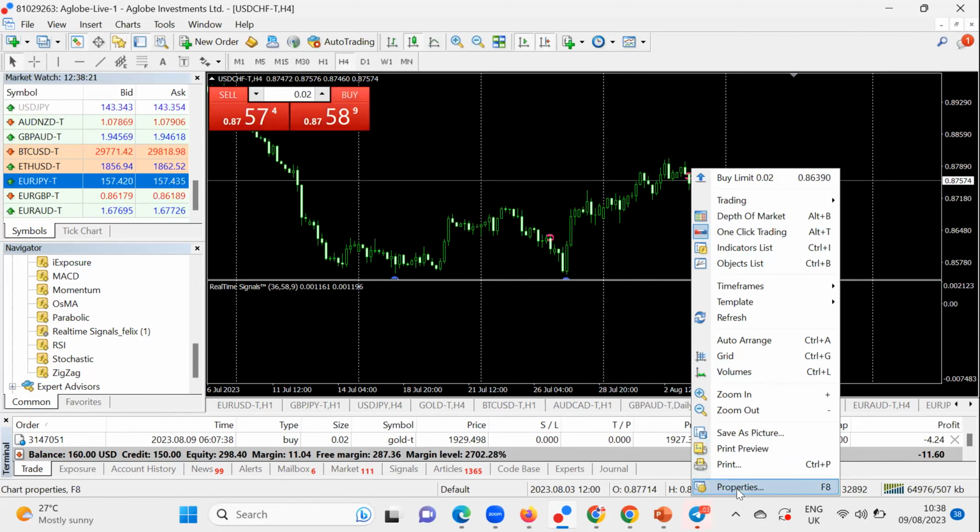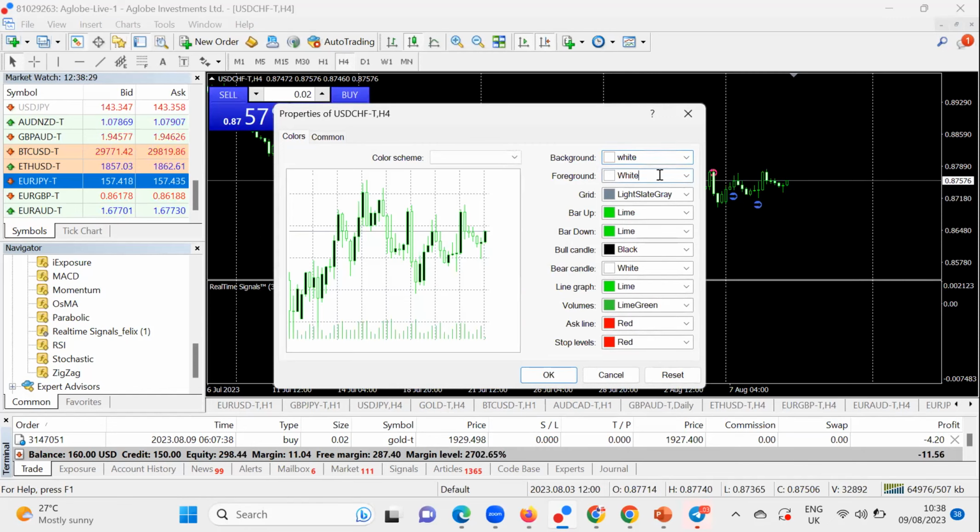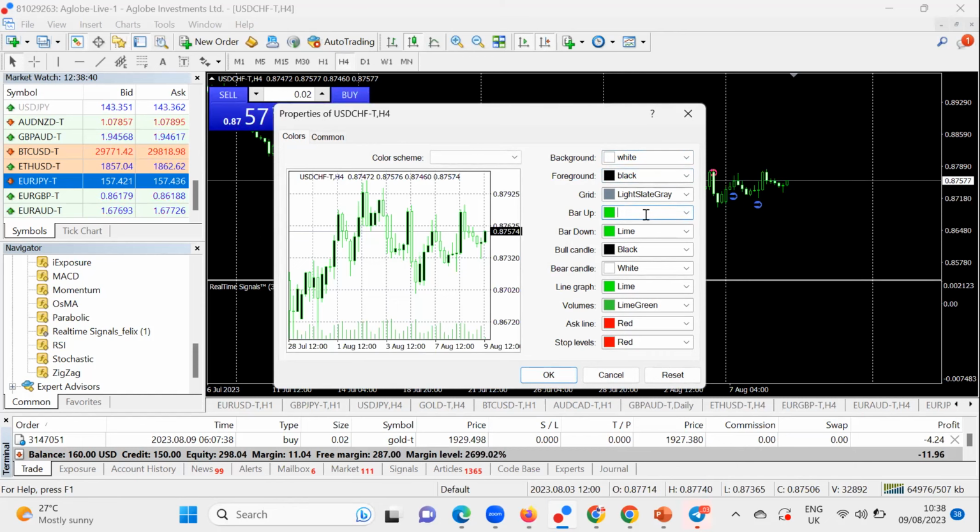Let's change it so that you can see the oscillator. This is white, guys. I'll keep doing this, you will learn it more. People should not be complaining that they cannot set this up. This is green, this is red, this is green.